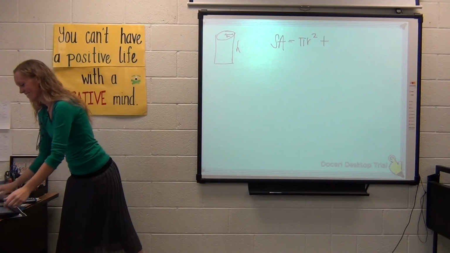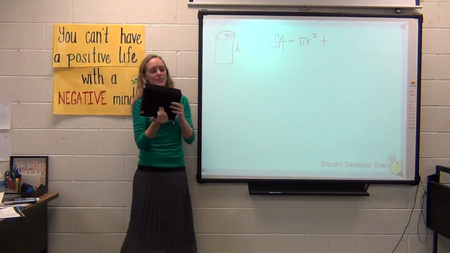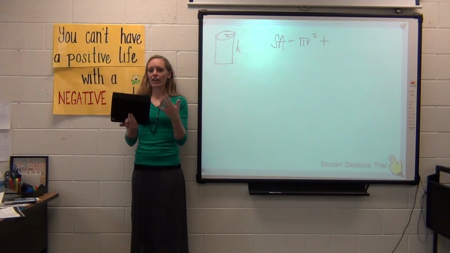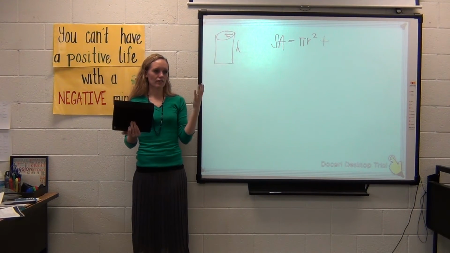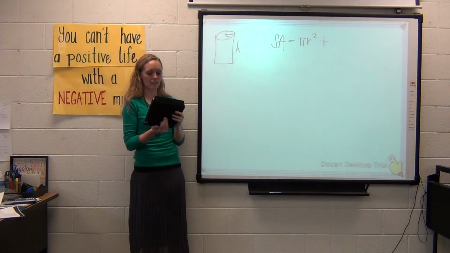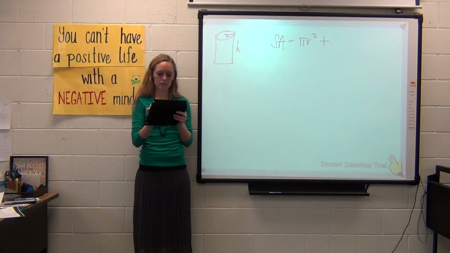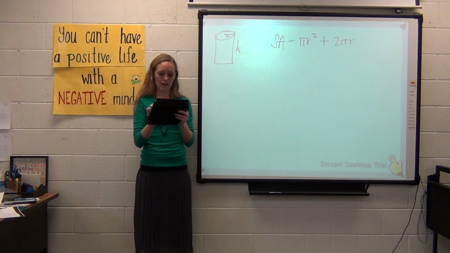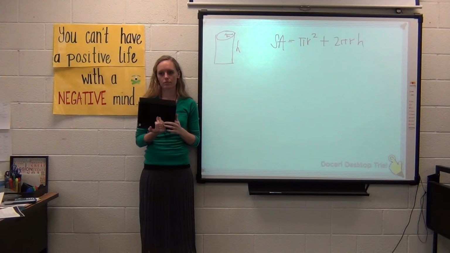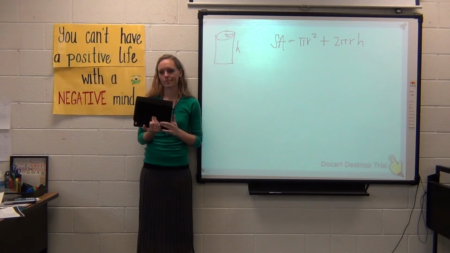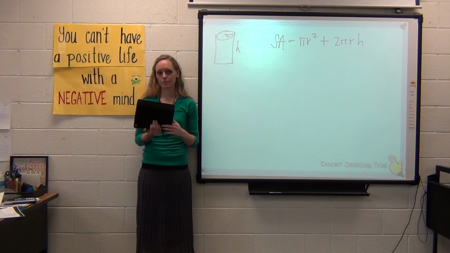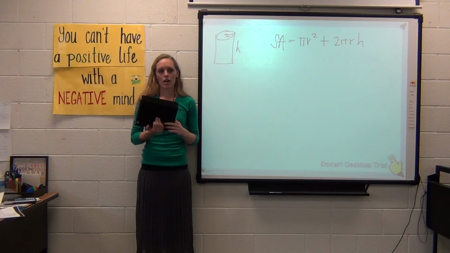The area of a rectangle is length times width, so it's the circumference times the height. What's circumference? 2 pi r. So 2 pi r times the height.